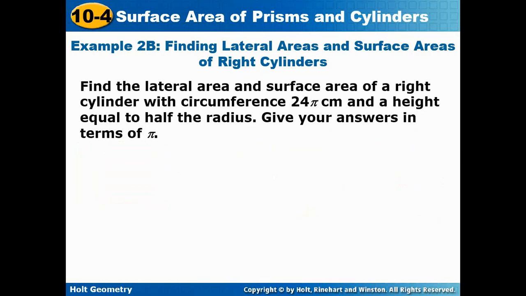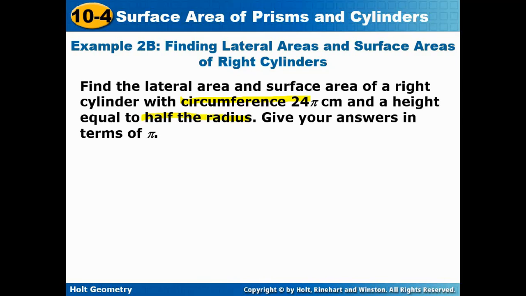The second example here is a little bit different, and it is an indirect question. Find the lateral area and the surface area of a right cylinder with circumference 24 pi and a height which is equal to half of the radius. Give your answers in terms of pi.